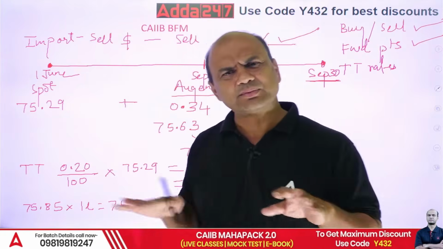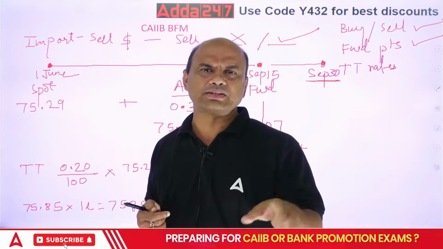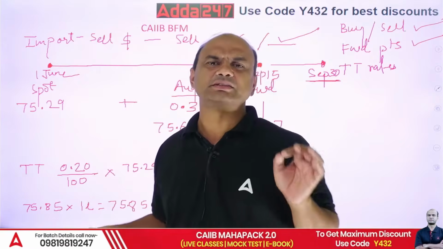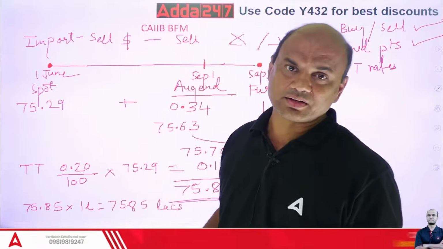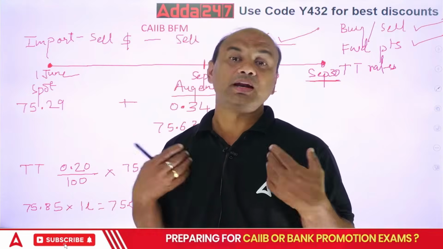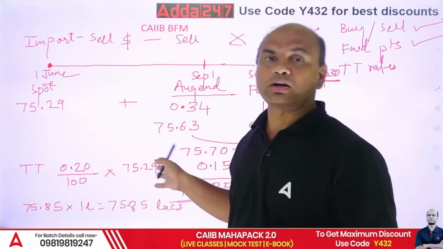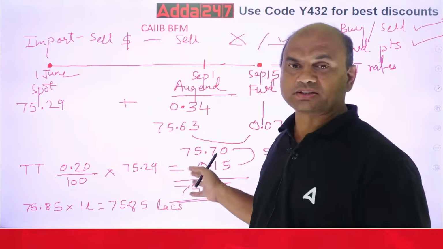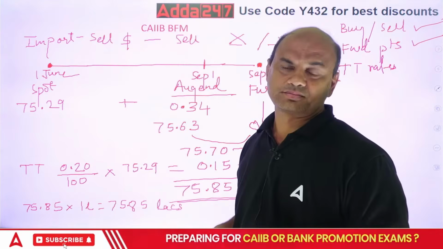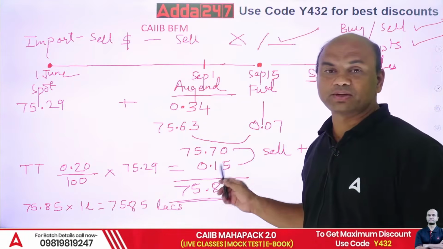Logic is simple in all businesses, whether you sell a refrigerator or dollars: the seller will always try to add the expenses so that he doesn't have to bear them. If this is not added, then the seller or the bank will have to bear the TT expenses. So that's why we always add it while selling.